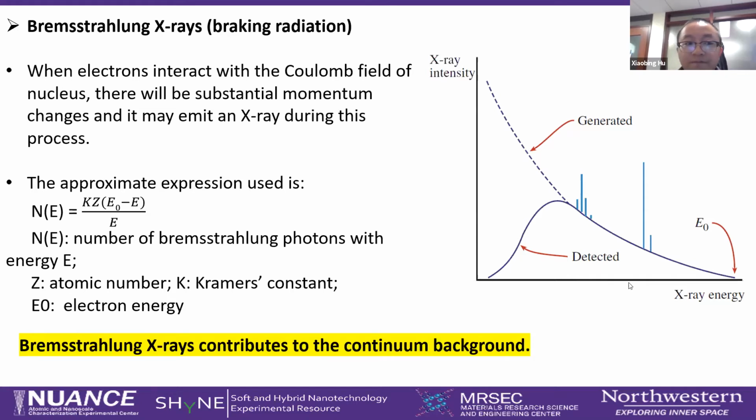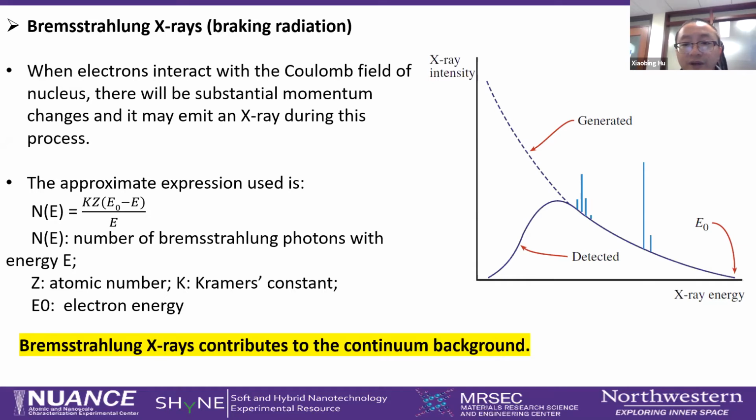This means sometimes the background is very high. You need to understand where the background comes from and how to reduce it. When the electron interacts with the Coulomb field of the nucleus, there will be substantial momentum changes, and this will emit X-ray.